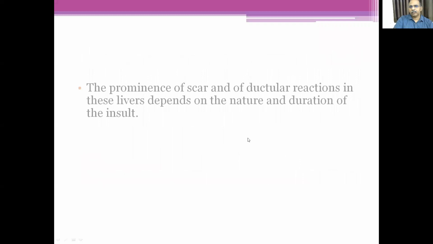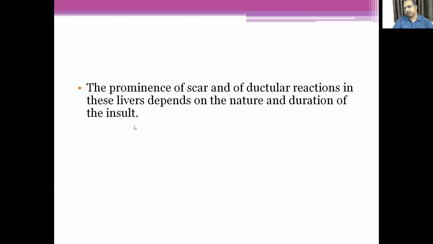The prominence of scar and ductular reactions in these livers depends on the nature and duration of the insult. See, with acetaminophen, whenever somebody takes a lot of paracetamol tablets, the effects start immediately. The liver starts detoxifying it, and if it is not able to detoxify the paracetamol, it will undergo necrosis and lead to acute hepatic failure.